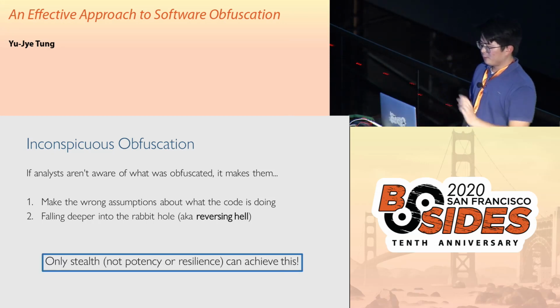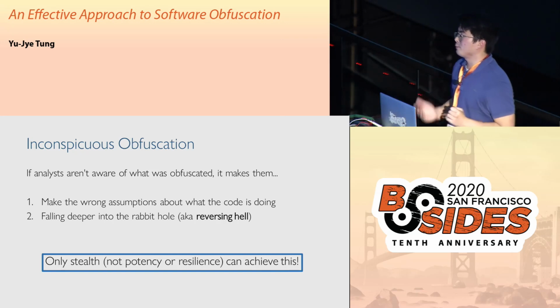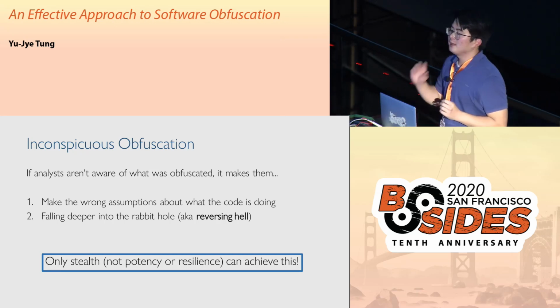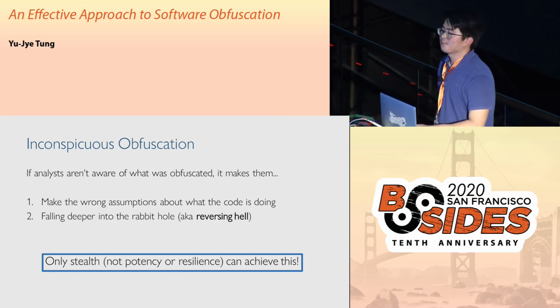And really, out of the three properties that make up this time-consuming aspect, only the stealth property can achieve this idea of making the analyst make the wrong assumption about what the code is doing.